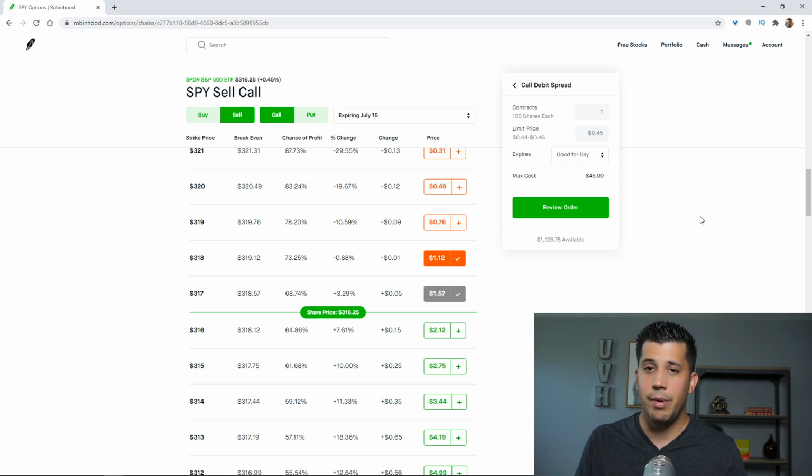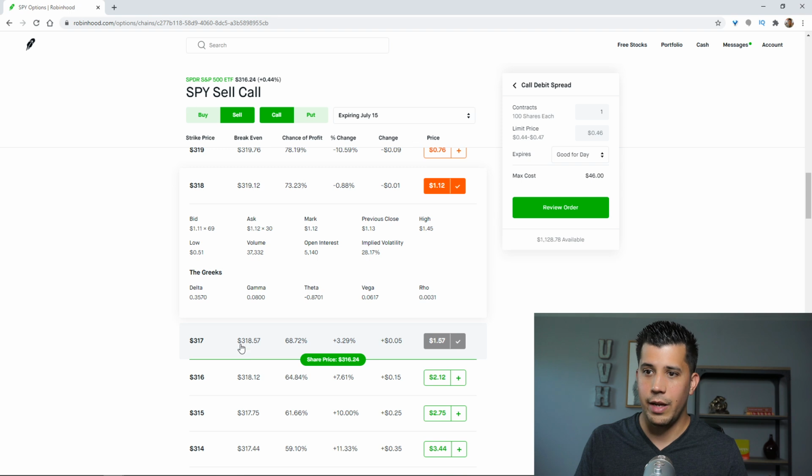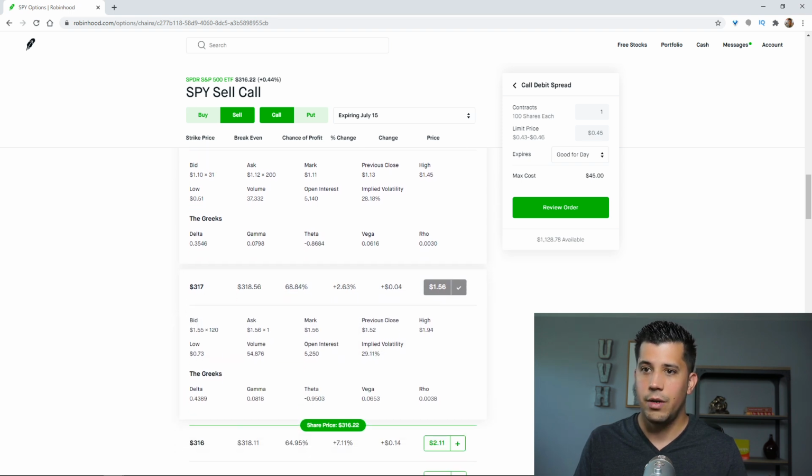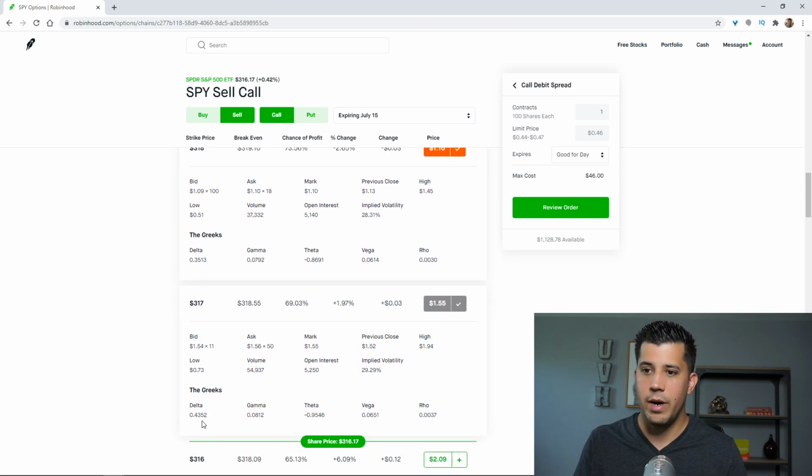Now on Robinhood, it's definitely a lot more tricky, right? Because you're gonna have to calculate yourself. Now this is a 43 delta, okay? This is a 35 delta. So you want to subtract, let me get the calculator here.